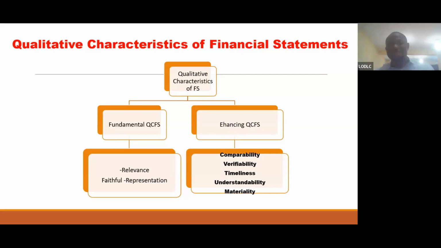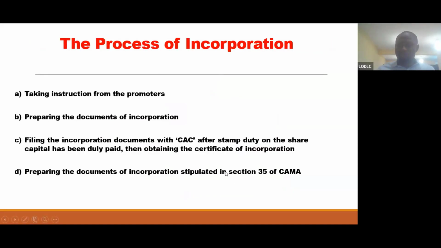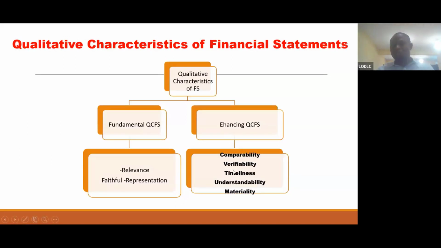But majorly in enhancing qualitative characteristics, we have comparability, verifiability, timeliness, and understandability. Materiality is part of what affects the relevance or faithful representation of the financial statement. Let me quickly explain all these qualitative characteristics of financial statements.